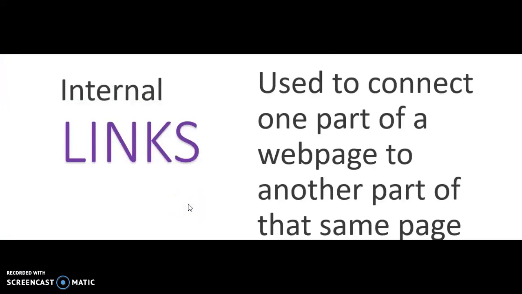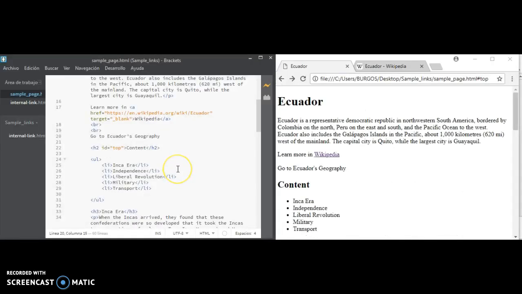Internal link. Internal links are used to connect one part of a website to another part of that same website. To make an internal link, we use the anchor element, the attribute href equal double quote, and then the page with the same domain that we want to display, but with a different file.